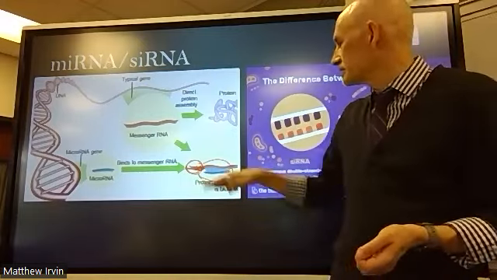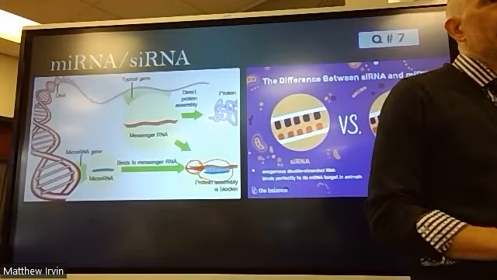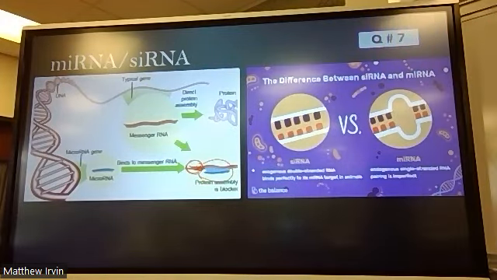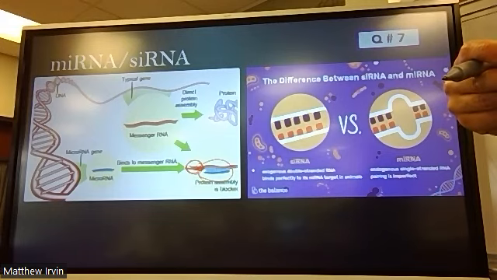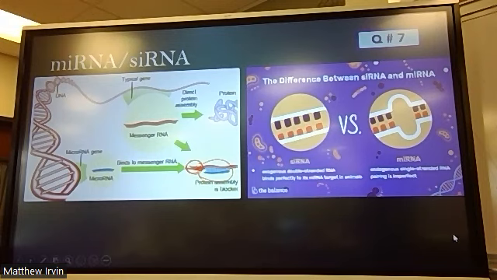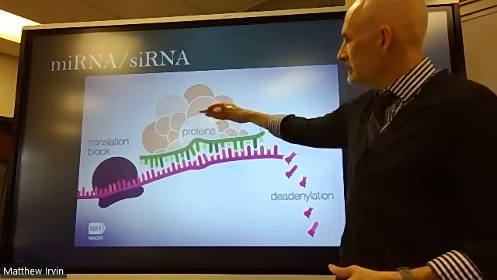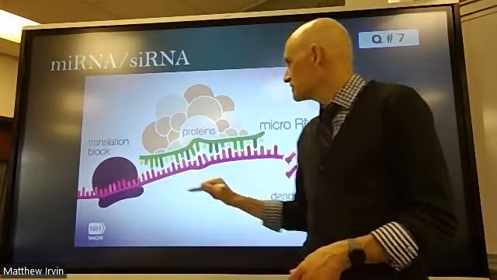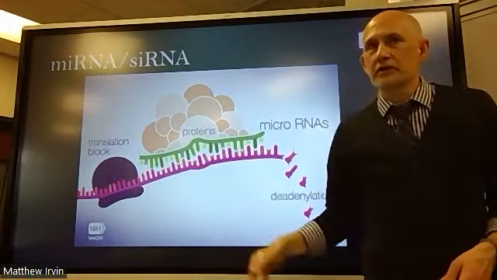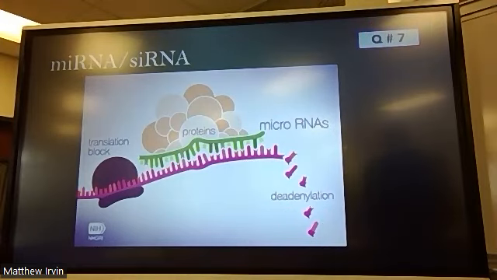That prevents the protein from being made. So we see that here. When this happens, translation gets blocked and then your RNA degrades, and so that gene no longer is getting expressed in that cell.